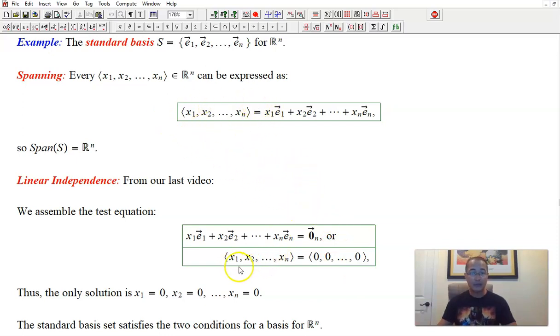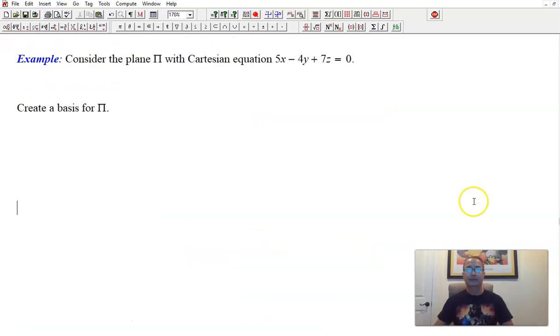So we want to set x1 through xn equal to all zeros. Well, that means that all of the coefficients, x1, x2 through xn, they all have to be 0. And so our set is linearly independent, and therefore the standard basis set satisfies the two conditions required to be a basis for our entire vector space Rn.